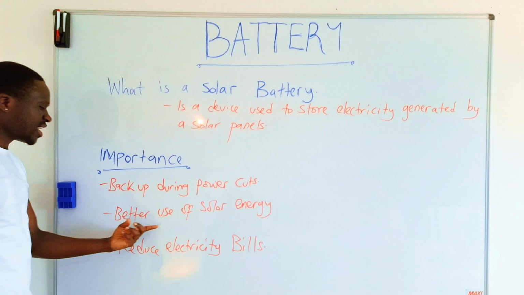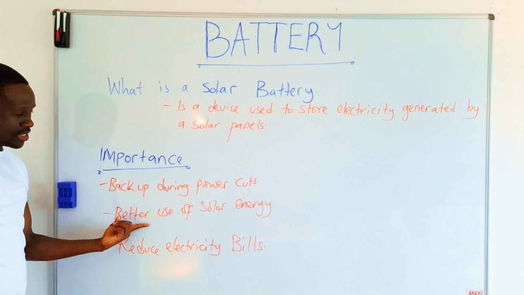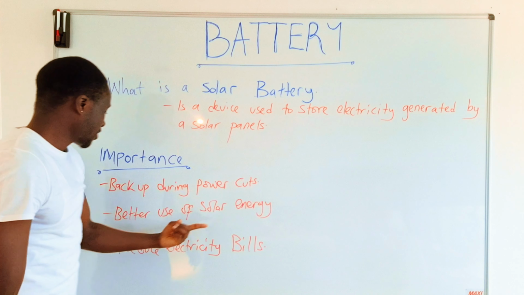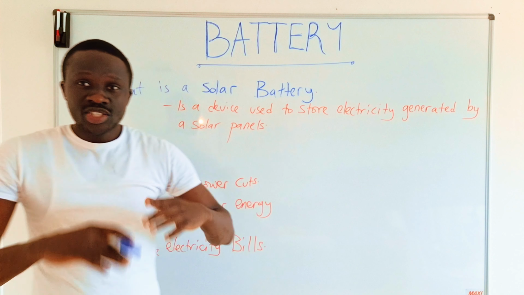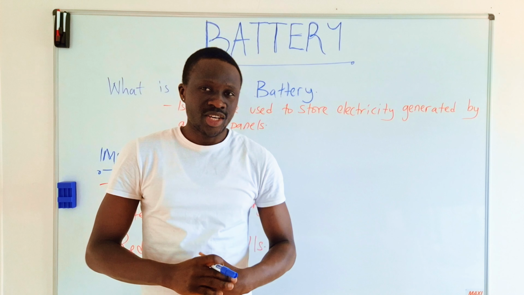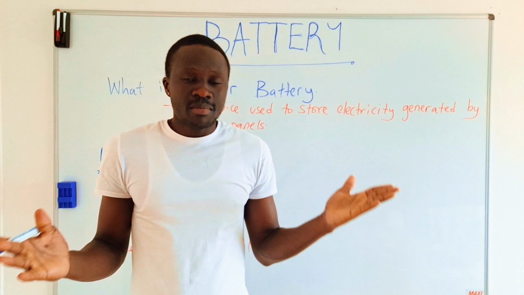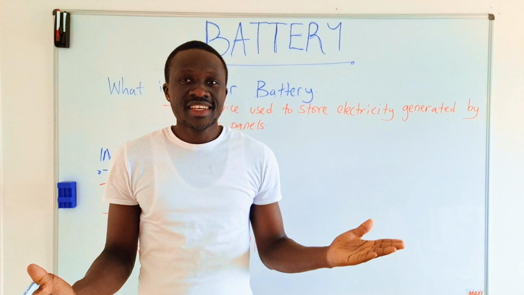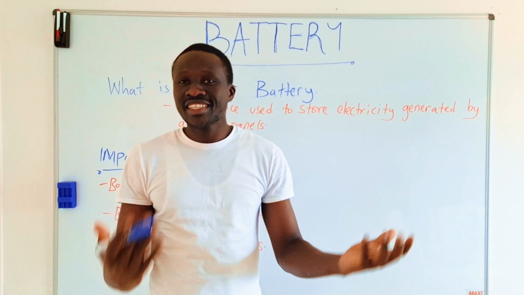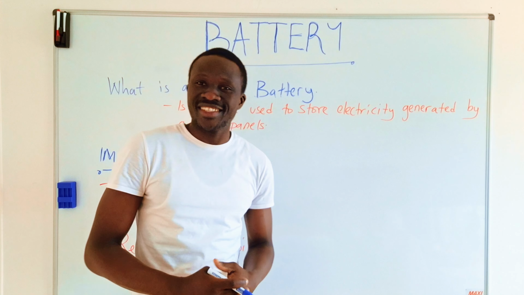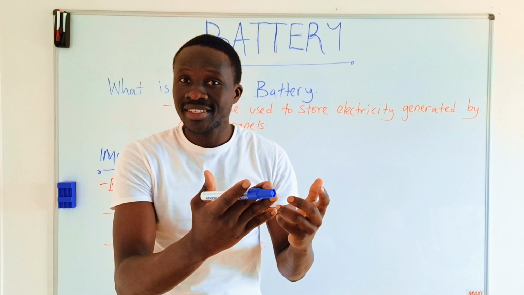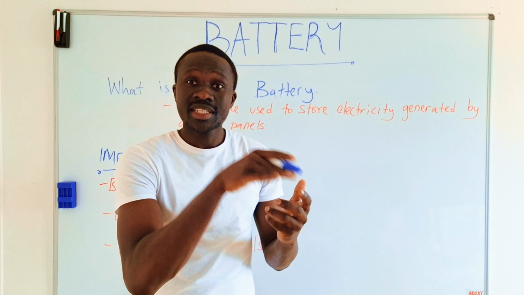Another point is better use of solar energy. The solar batteries give better use of solar energy. Without these batteries, we can't have power at night. It improves and advances the solar system, because without batteries, our panels can light the lights only using direct sun.